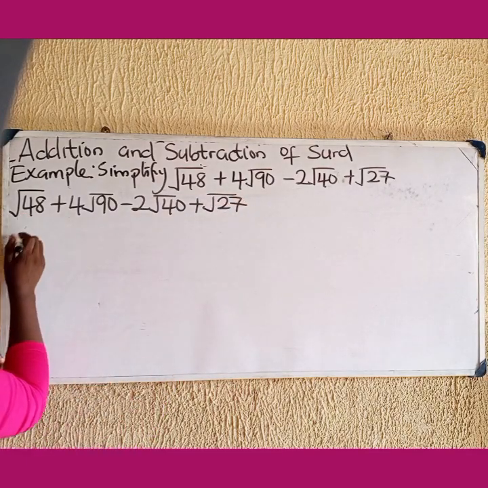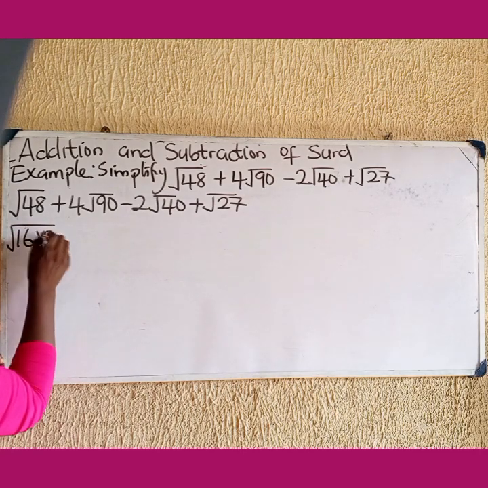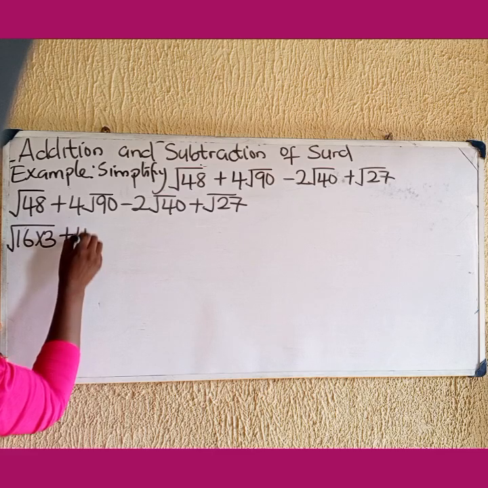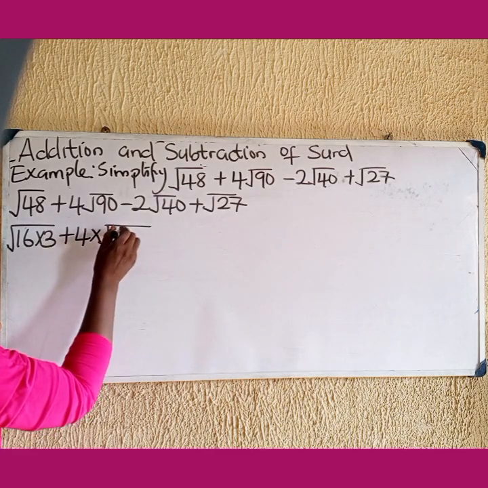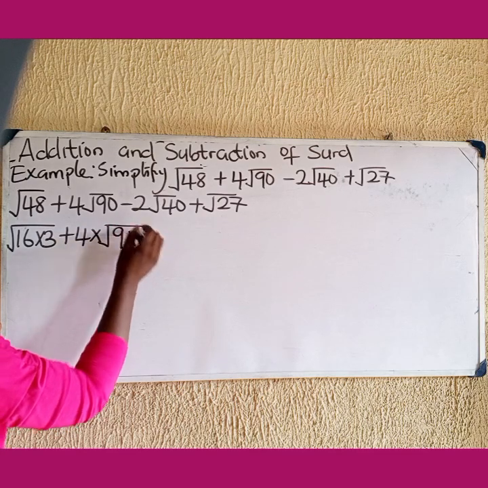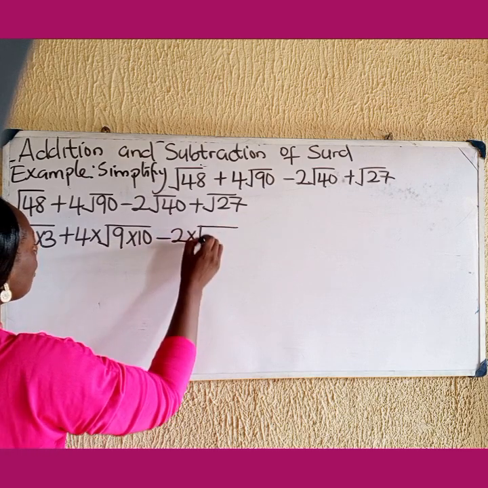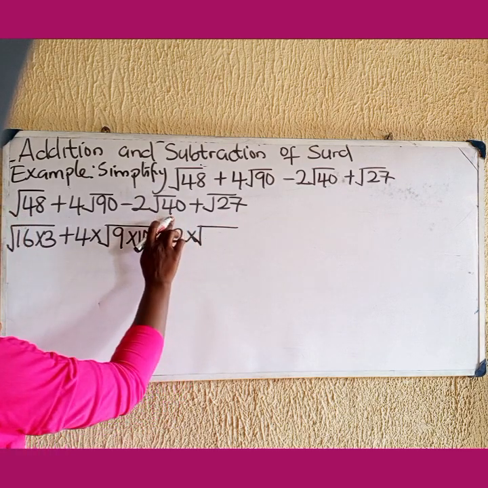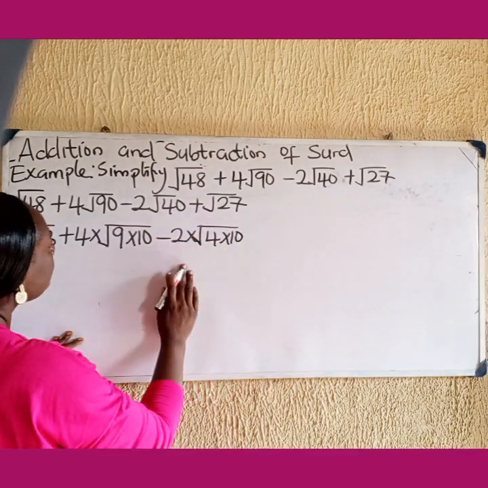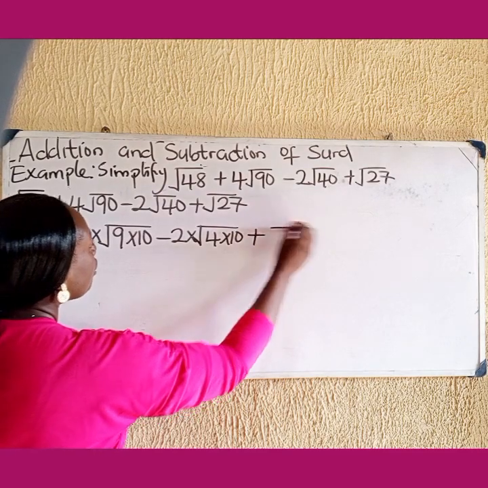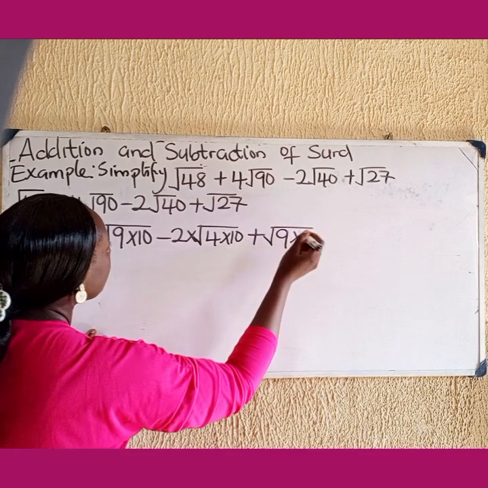Now simplifying, this is the same thing as root of 16 times 3, plus 4 times root of 90, which will also give me 9 times 10, minus 2 times root 40, which will give me 4 times 10, plus root 27, which will give me 9 times 3.